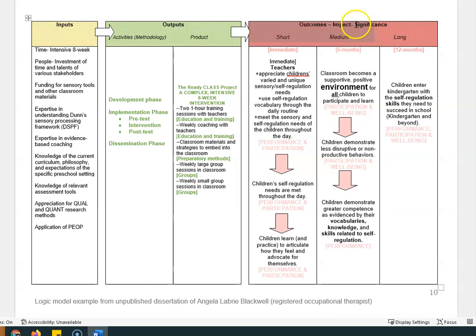This also connects to why your project is significant. The inputs have great implications for your learning objectives, and this middle part, the outputs, has implications for your methodology. So it's a visual representation of your entire project on one page.